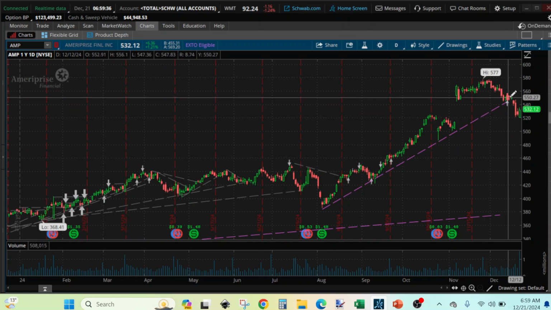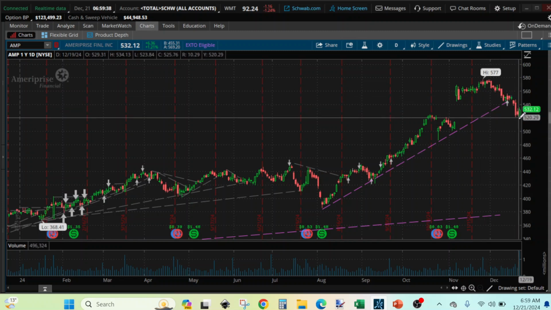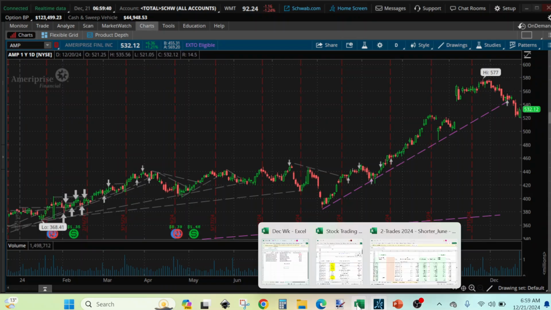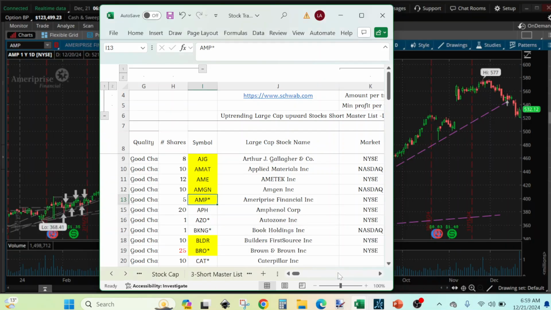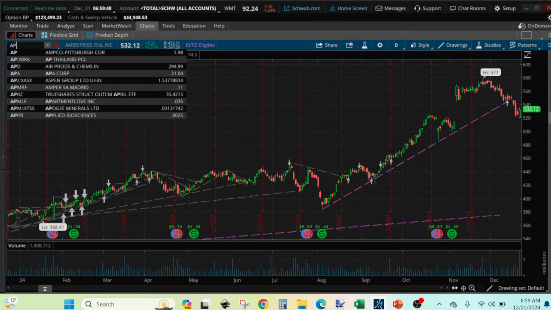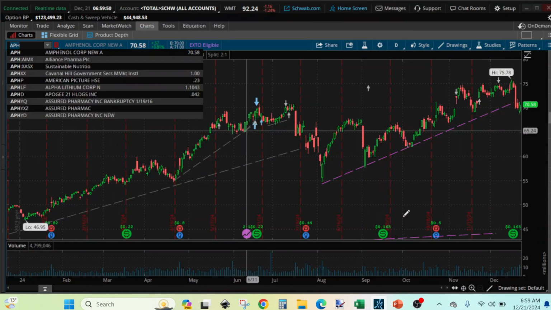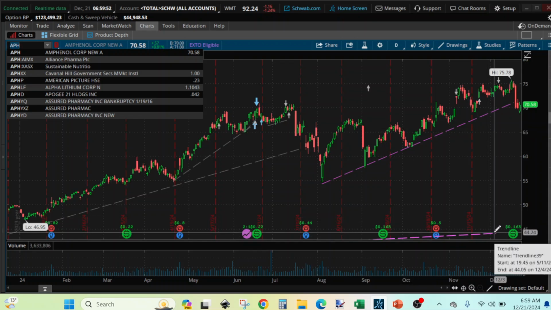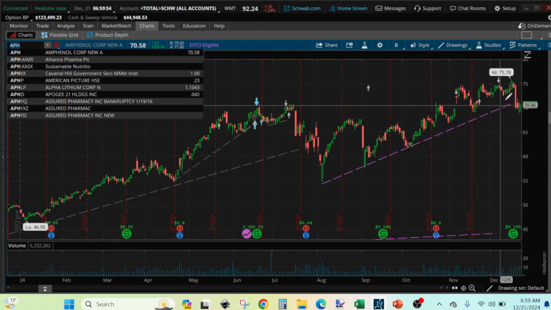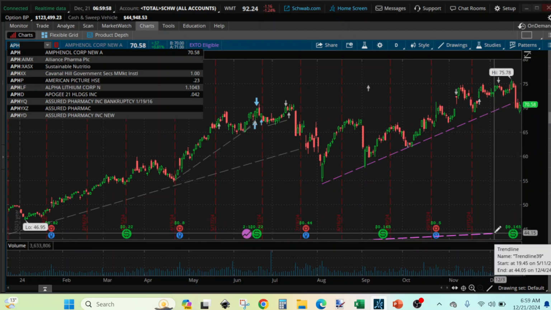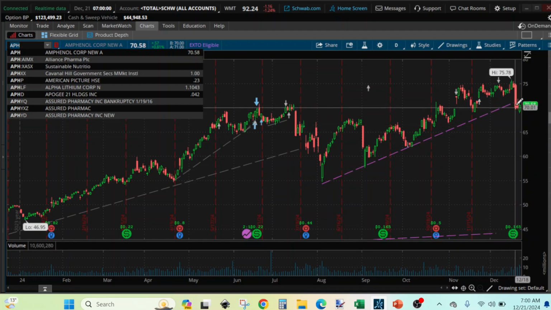So for this one, we bought it at that line, but then it moved down. We are not going to sell it at a loss. APH will either buy it at that line or buy it at this line. At this point, it's already passing that line. Therefore, we will wait for this line to get in.